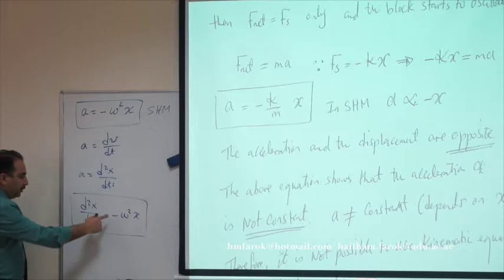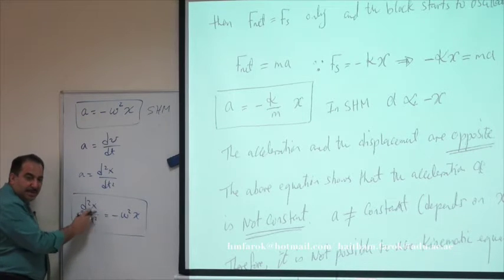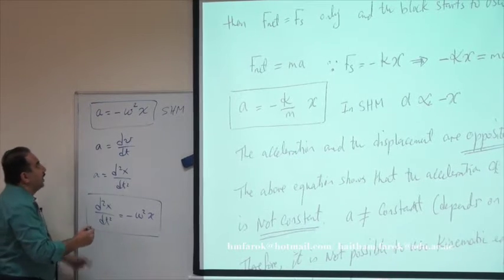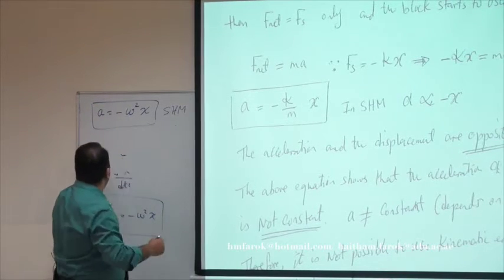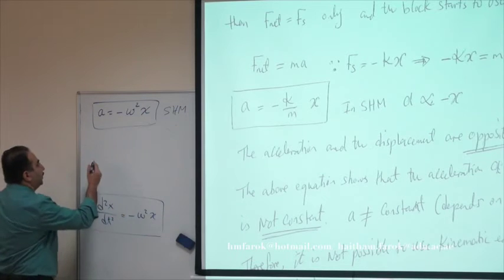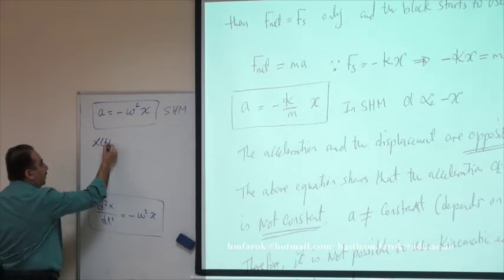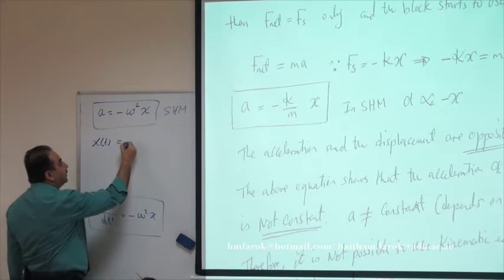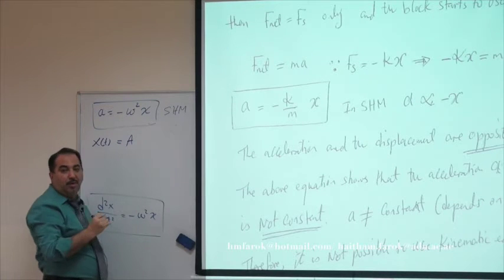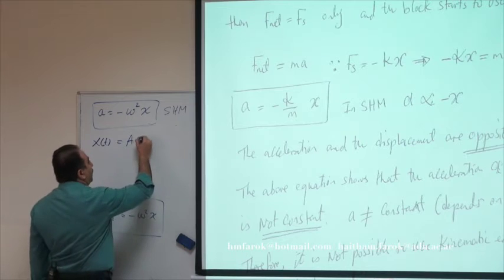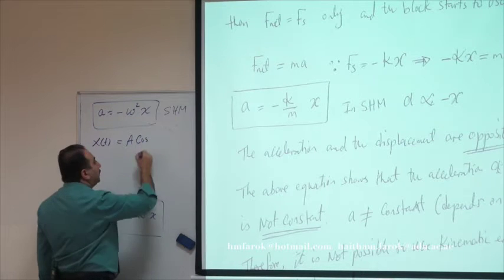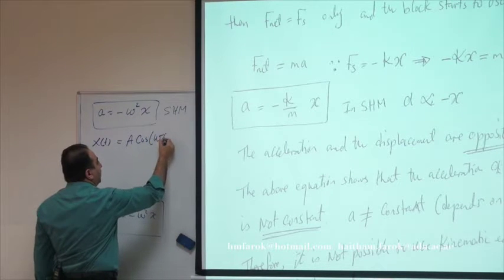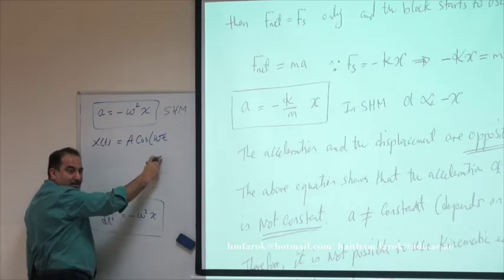is this. What is your function? x as a function of t, yes? So you expect a solution, I write it here at the top. You expect a solution x as a function of time, yeah? Now, the solution of this equation is equal to a constant, capital A, cosine omega t, this omega plus phi.